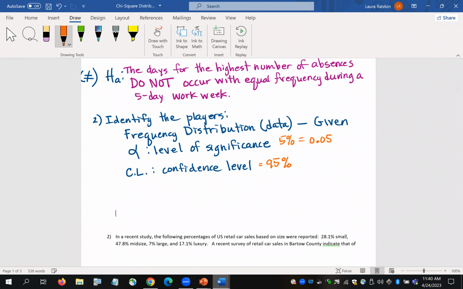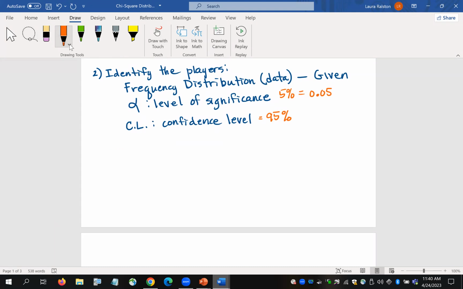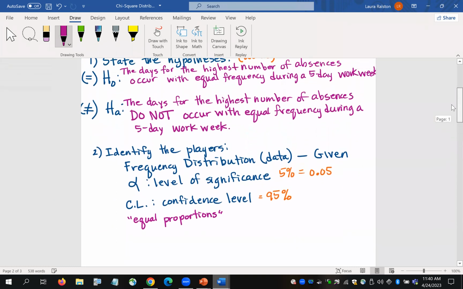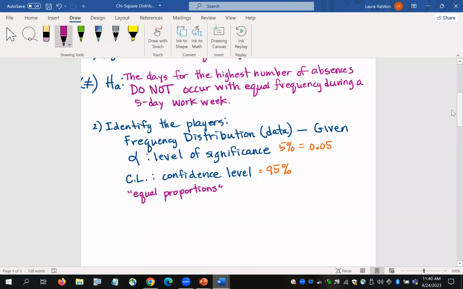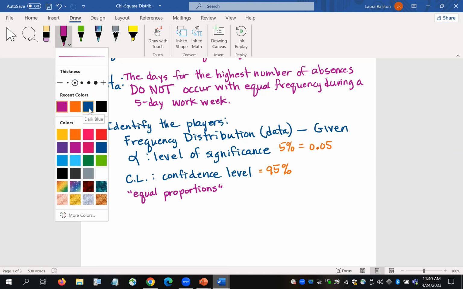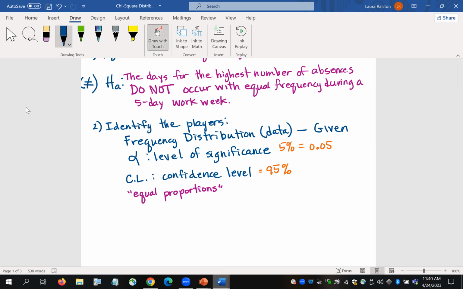Now, the other thing that you may want to make note about, it's not really a player, is that this is equal proportions. Because the question says, do the days for the highest number of absences occur with equal frequencies? They use the word frequencies. I'm using the word proportions. That's important to note because that determines part of the command that you're going to use in Minitab.